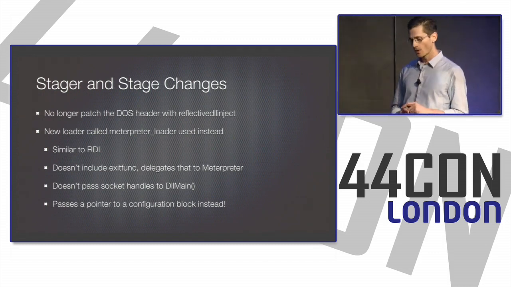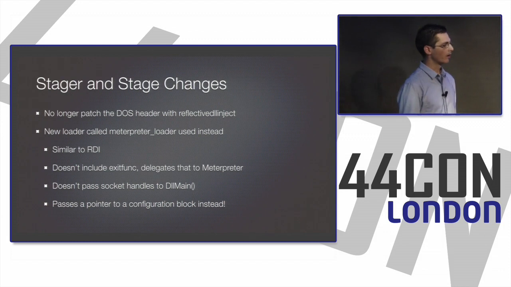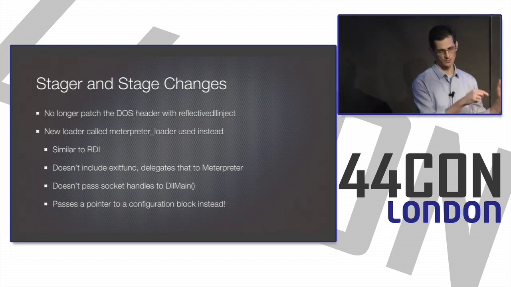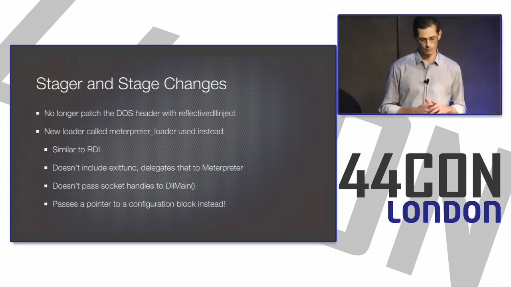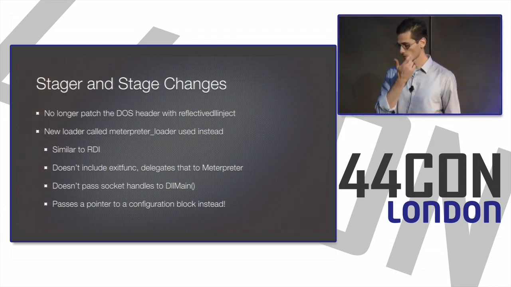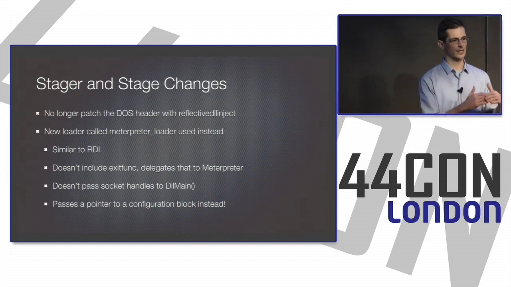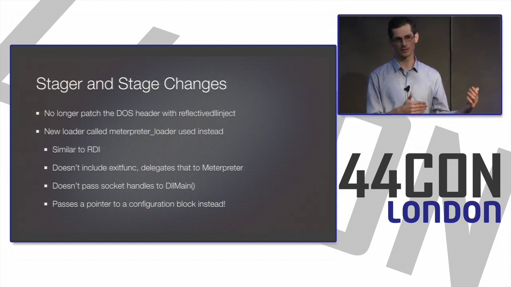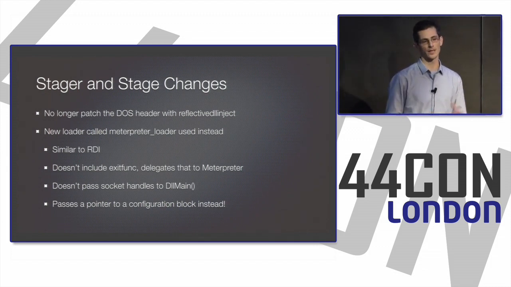Okay, so as I said, when we generate a stage that we send down to the stager, we hot patch, basically shove some shellcode into a certain part of the PE. What it used to do, you know about the PE file format, just basics, there's a bunch of headers. There's an old DOS header that basically doesn't get used, and so we use that to save a little bit of space.